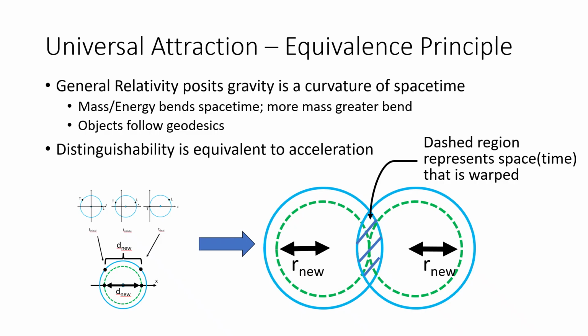So while it may be difficult to imagine a sphere that contracts about its center and is surrounded by other spheres in a four-dimensional space-time, this represents a direct physical model for the bending of space-time. Here, the greater the distinguishability, or rather acceleration, the greater the warping of space-time, in concordance with the view from general relativity.